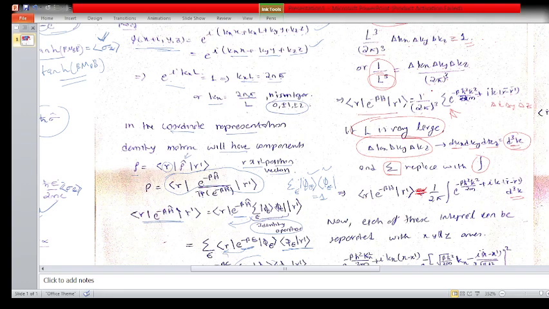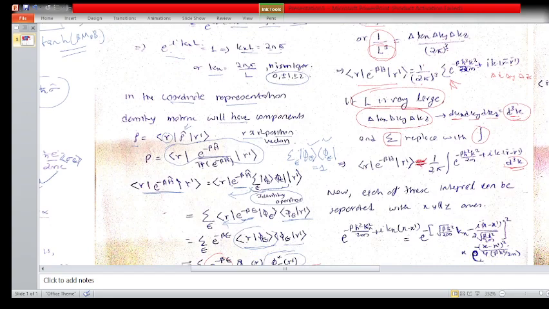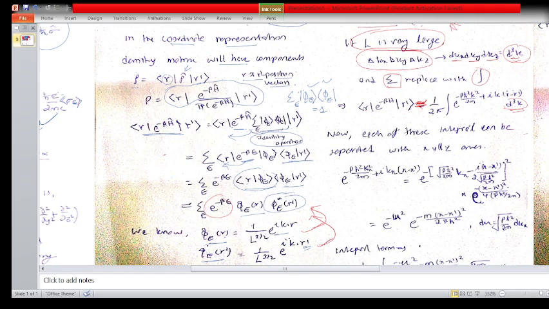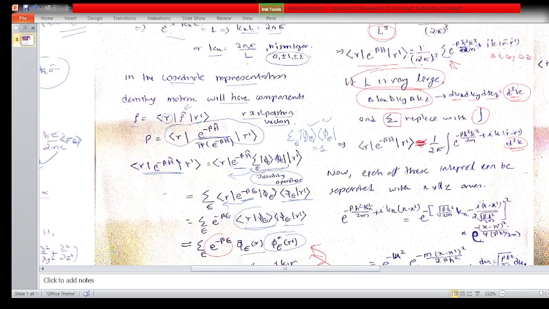So this term will come, and correspondingly we have d cube k here, and 1 by 2 pi cube. Only this term we are substituting with d cube k, so the integral is changed.